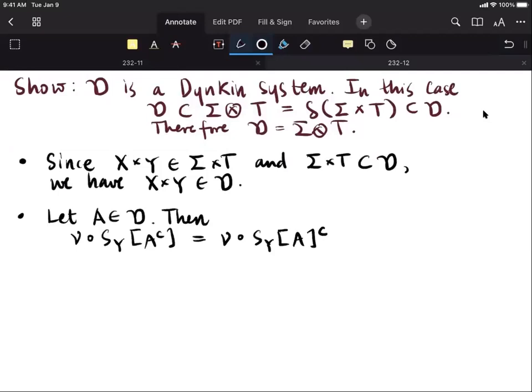And this is the same as well, according to the finiteness of nu, this is nu of y minus nu of sy. And by a similar calculation, we have the following.